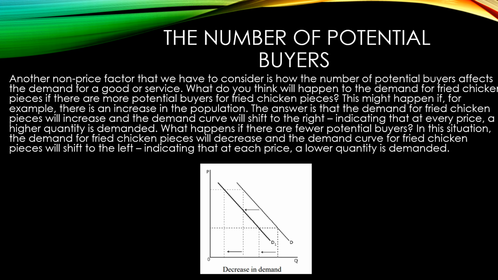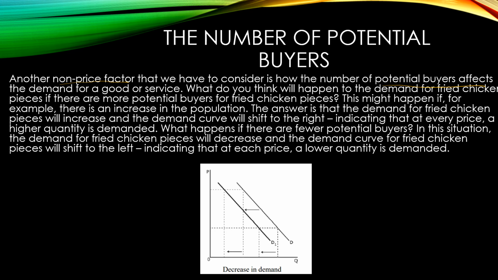The number of potential buyers. Another non-price factor that we have to consider is how the number of potential buyers affects the demand for a good or service. What do you think will happen to the demand for fried chicken pieces if there were more potential buyers for fried chicken pieces?